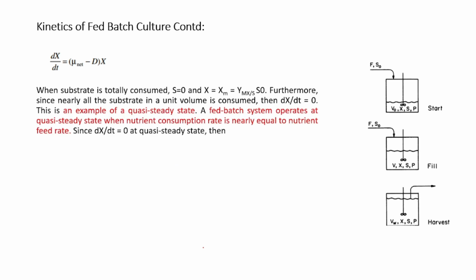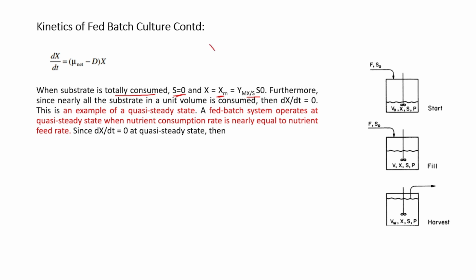Now we will consider one thing. Suppose when the substrate is totally consumed during the culture, suppose the final substrate concentration is nearly equal to 0, and X is equal to Xm, which is the maximum biomass concentration, equal to Y_X/S excess into S0. So what happens?